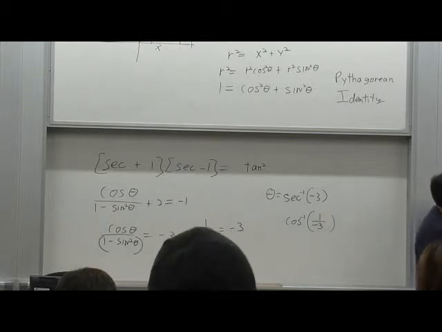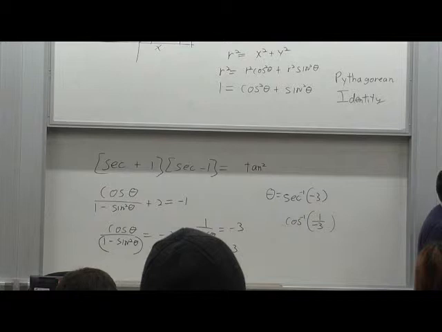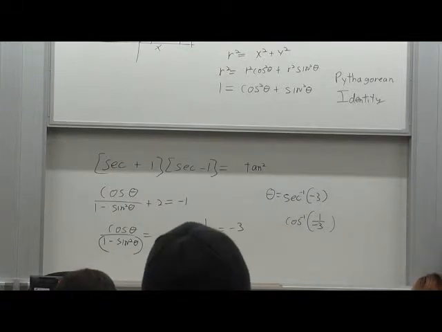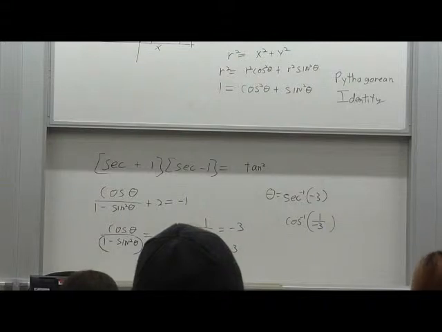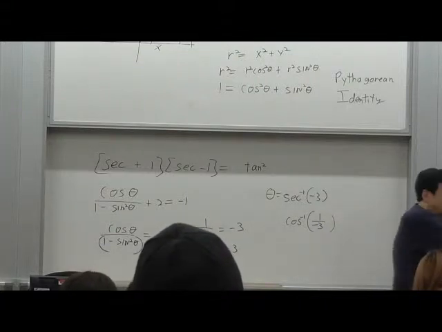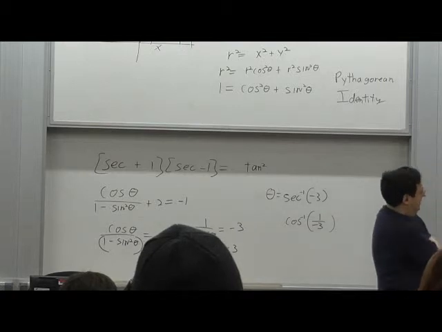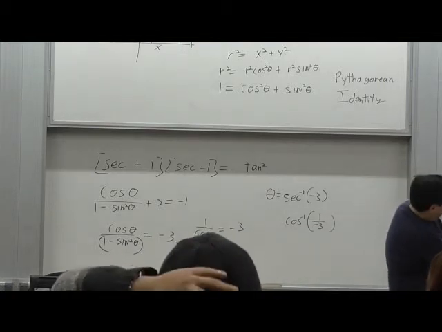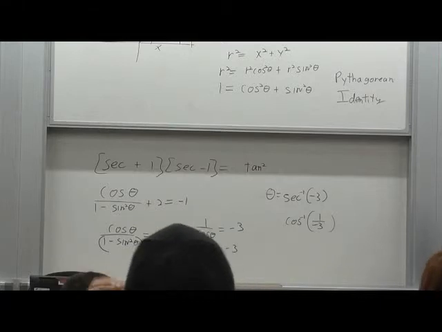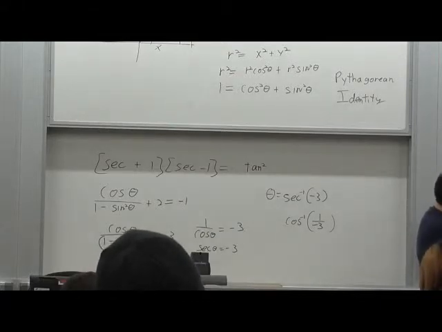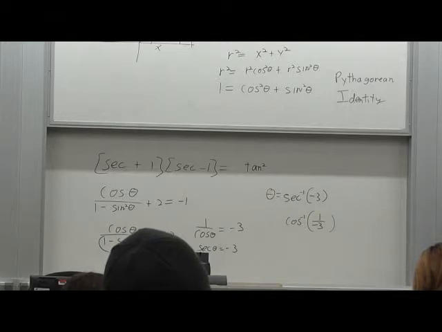Then I'm left with 1 minus cosine squared, and that is sine squared. Okay, so what would I do now? You would, but you want to be careful here. I'll take the square root of this, that's obviously the sine of theta.